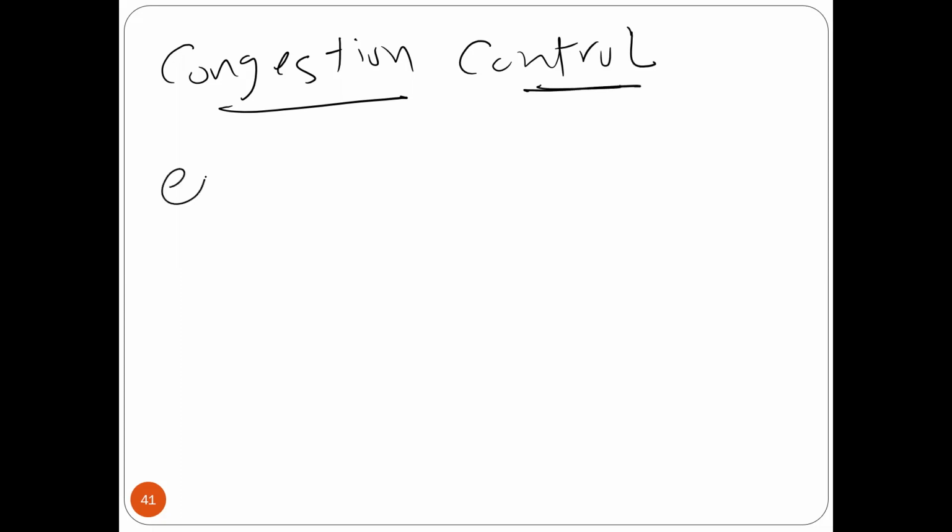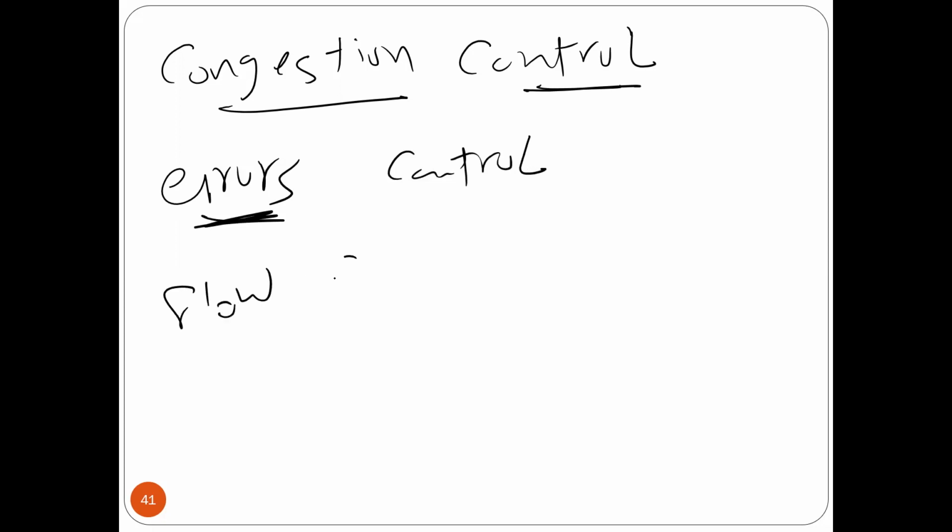Also, we have some kind of errors, so we need error control. Also, we have something we call flow control. I want you to understand the difference between these three problems, and the protocols we use in the internet should fix these problems.